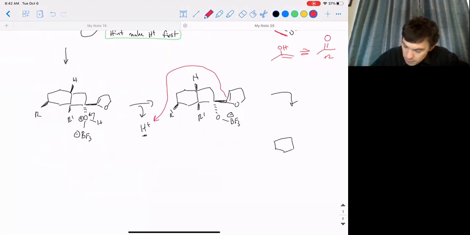Oh, and I'm actually going to add one additional arrow here just to go directly to the oxocarbenium ion. Again, keeping that negative charge.